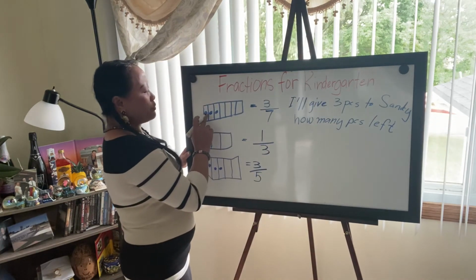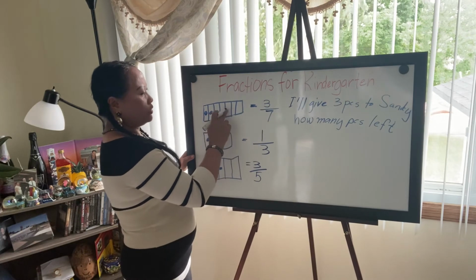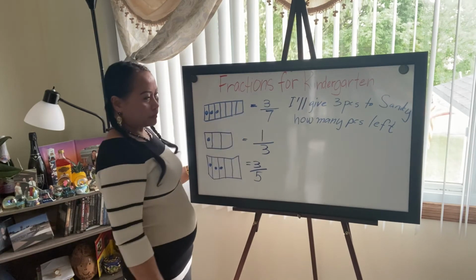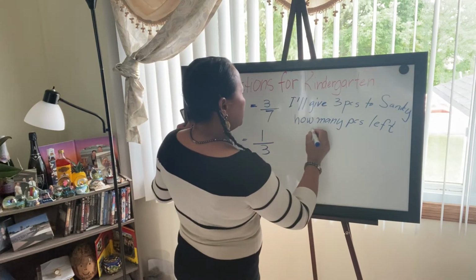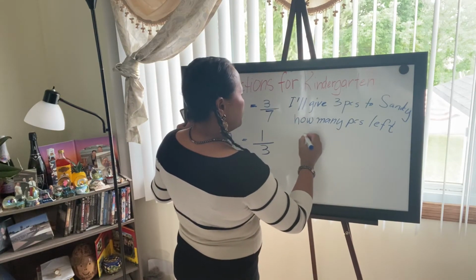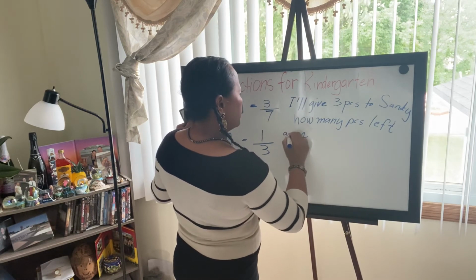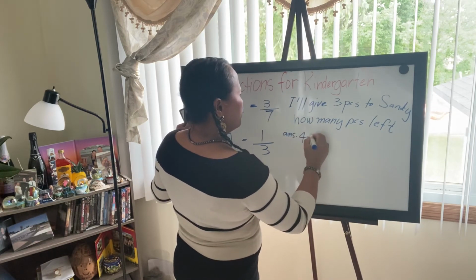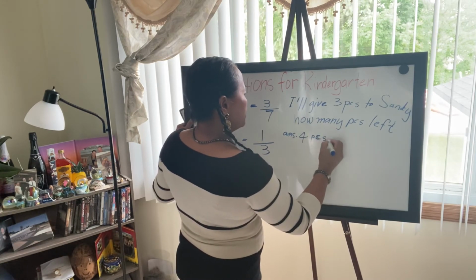If you give 3 pieces and there are 7, 1, 2, 3, 4. So there are 4 pieces left. That's the answer.